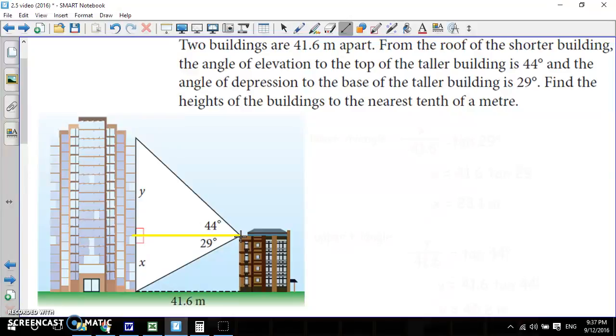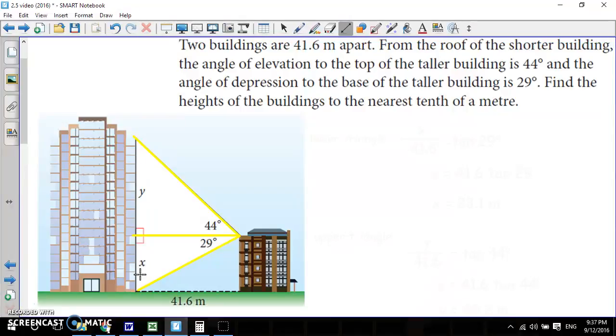From the shorter building, we're going to look up to the top of the taller building. Since we're looking up, the angle of 44 degrees is called the angle of elevation. And from the top of the shorter building, where we look down to the base of the taller building, we have an angle of depression of 29 degrees.